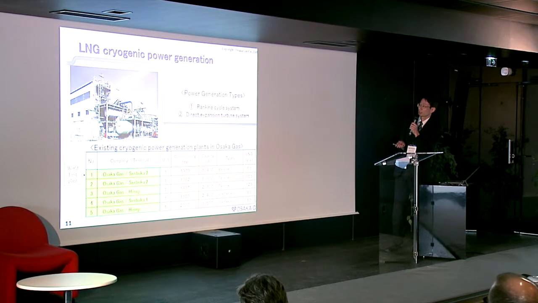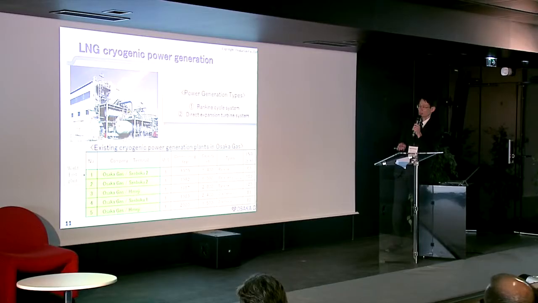First one is cryogenic power generation. We have 2 types of power generation. One is the Rankine cycle system, and this utilizes low temperature. And second one is the direct expansion turbine system. This utilizes pressure energy.